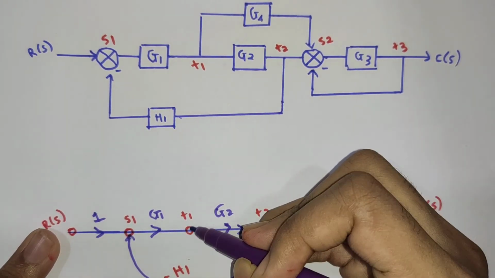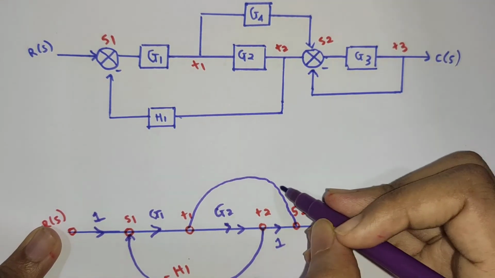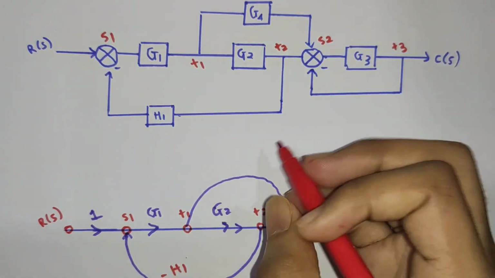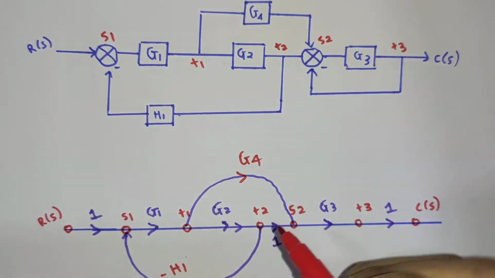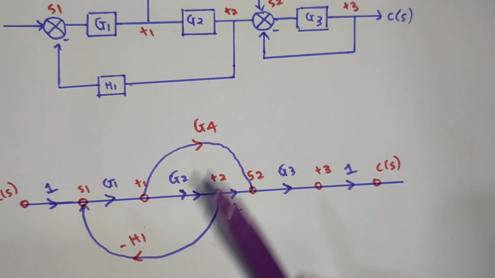So I'm going to draw it freehand, T1 to S2, and its direction is this side, moving from left to right, so its sign value will be positive.